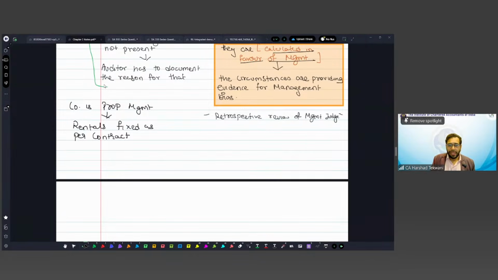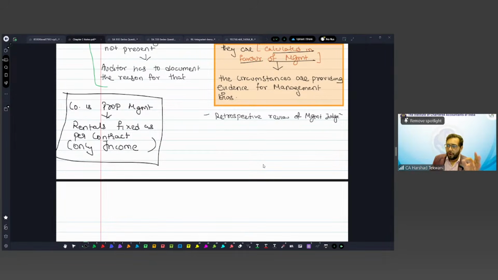This is the only income the company has. Now, in this particular example, do you think there is a risk of fraud in revenue recognition? No, sir. Only one item. The chances are very less. Very less.